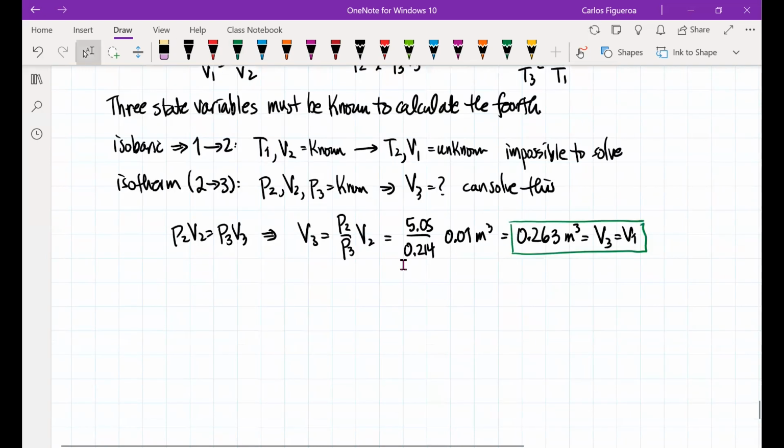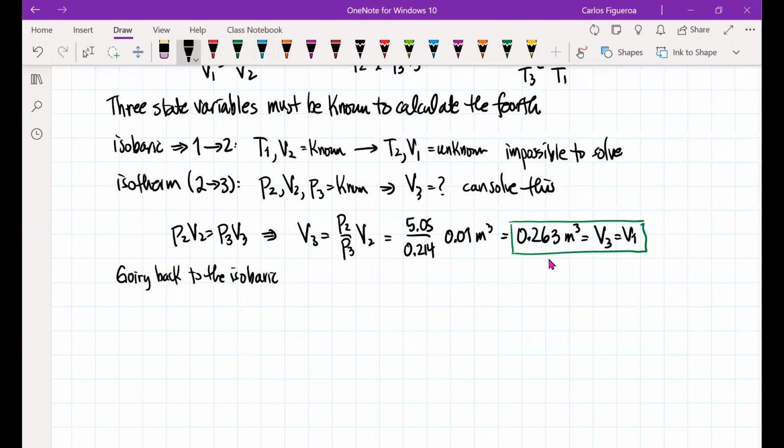Okay? So now that I have volume 3, now go back to the isobaric. Going back to the isobaric, look what I see now. So the isobaric tells me that now I know T1, I know volume 2, right?